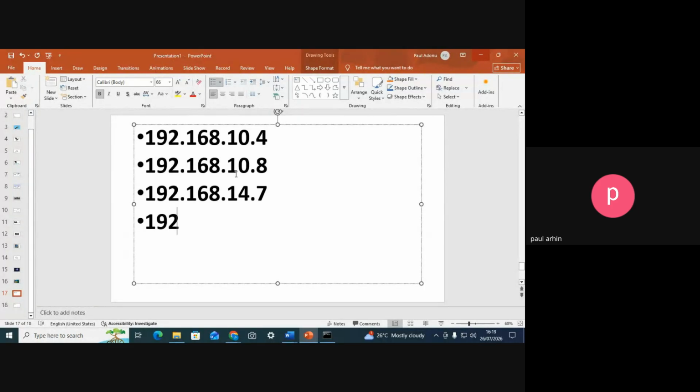Then 192.168.10, let me see, 186.10.100. Now, this one is computer A. This is computer B. This is computer C. And this is computer D.